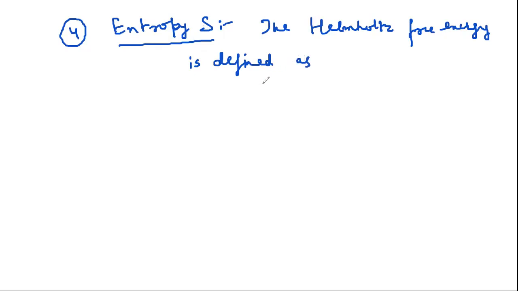is denoted by F. F is equal to U minus TS. U is the internal energy, T is the temperature, S is the entropy. So this is the thermodynamic definition of Helmholtz free energy.